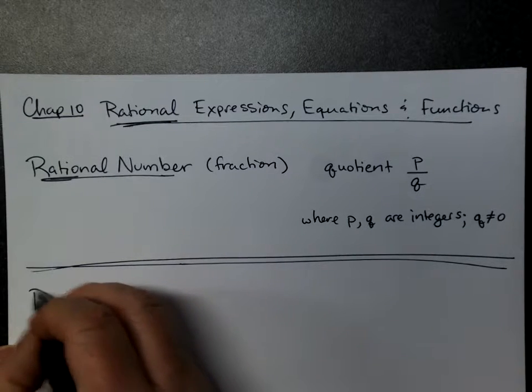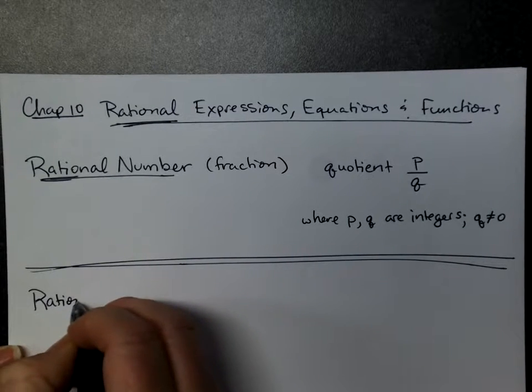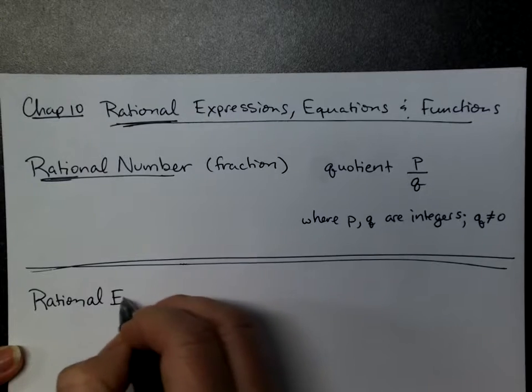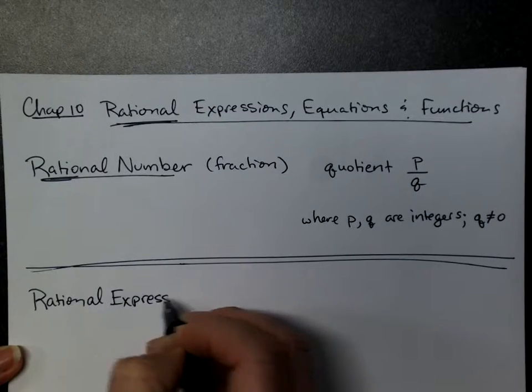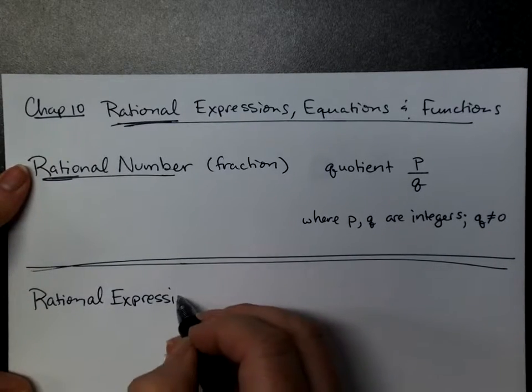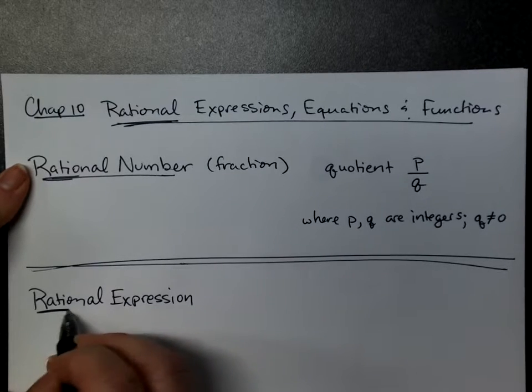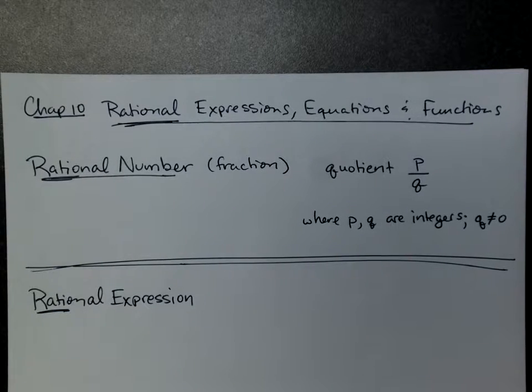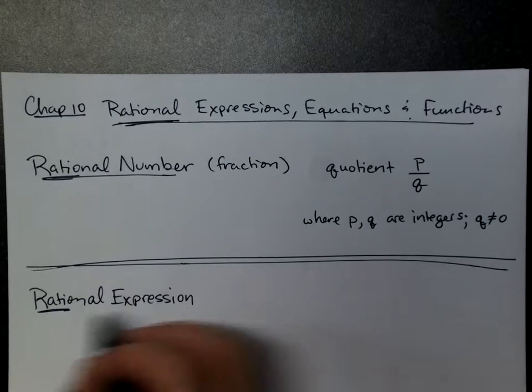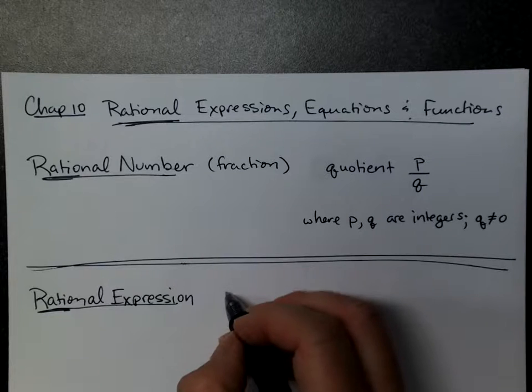Now, we're going to expand this definition into rational expressions. Now, technically, a rational number, a fraction, is a rational expression, but when I'm saying rational expressions, I mean we're taking the complexity level up a notch, but it's going to follow the same mathematical rules. Okay? So what you know about fractions will apply to rational expressions. We define a rational expression as the quotient.